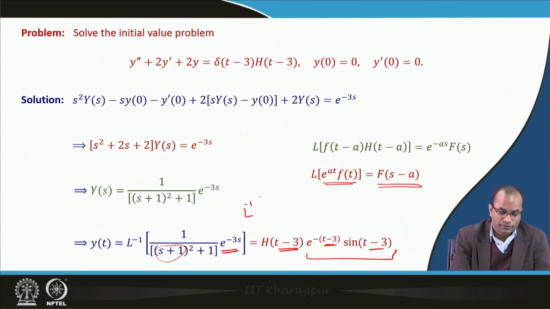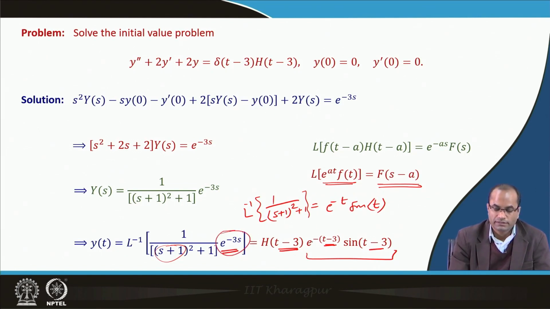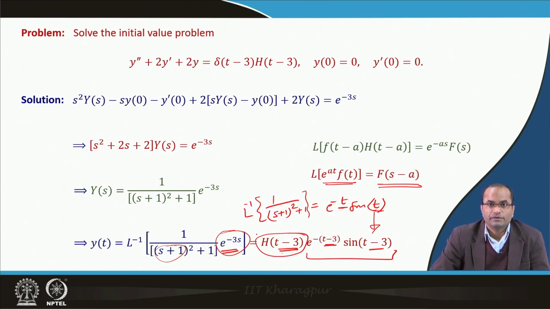The Laplace inverse of 1 over (s plus 1) whole square plus 1 is e power minus t sin t, and then because of e power minus 3 s, this t will be replaced by t minus 3, this will also be replaced by t minus 3, and there will be a factor of the Heaviside function h(t minus 3).